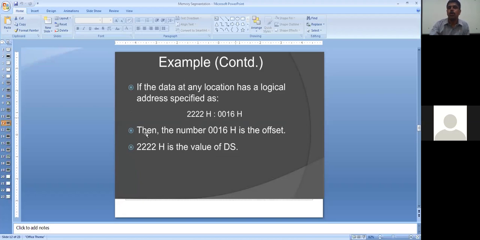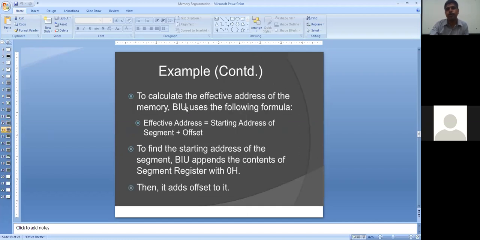The number 0016H is nothing but the offset, and 2222 is the base value, the value stored in the data segment register.